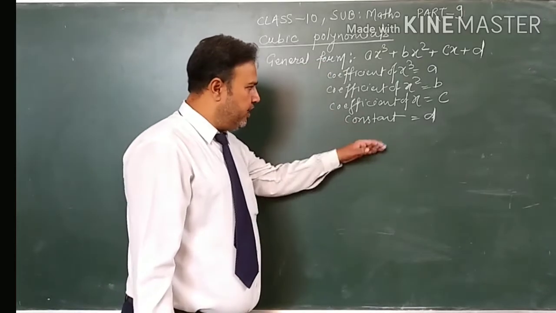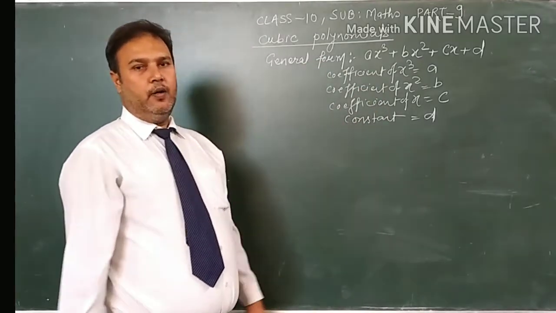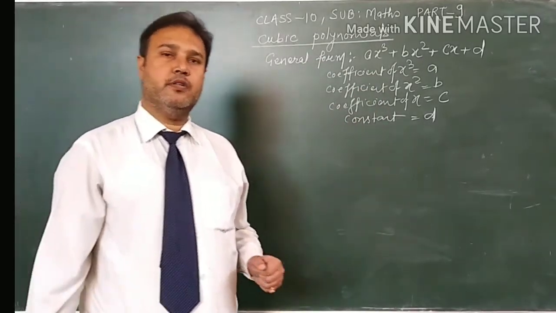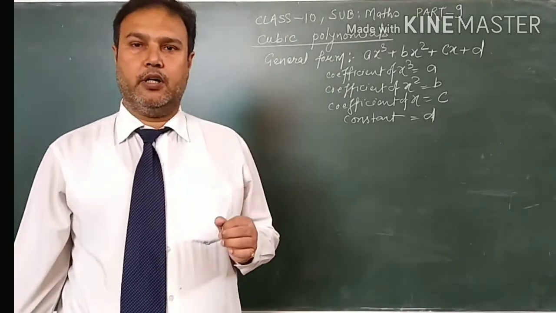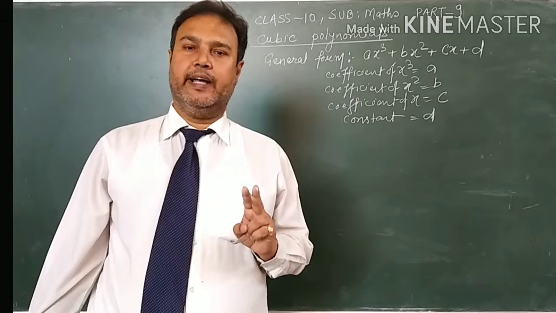On the basis of these coefficients, we can write the sum of zeros, product of zeros, sum of the product of zeros taking 2 at a time.